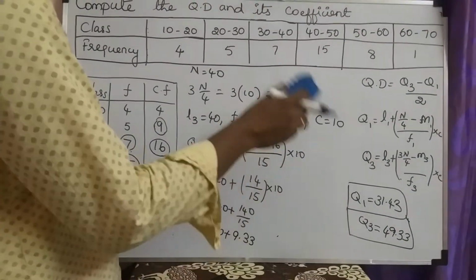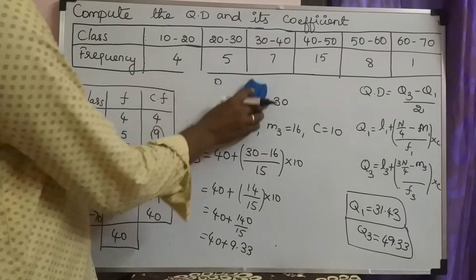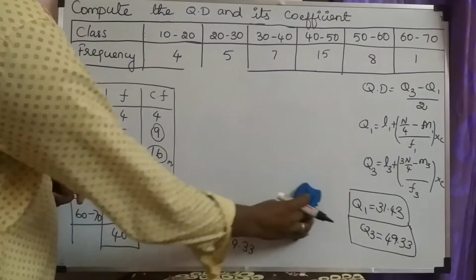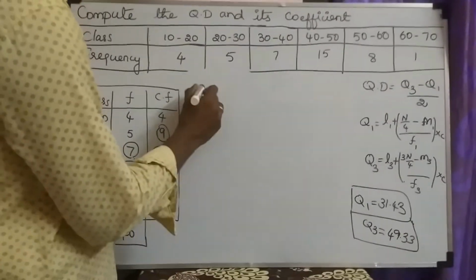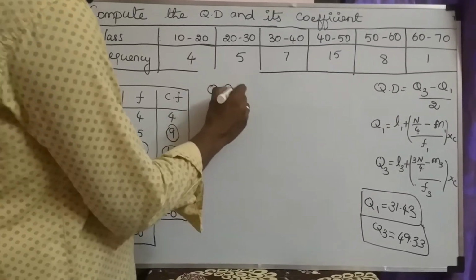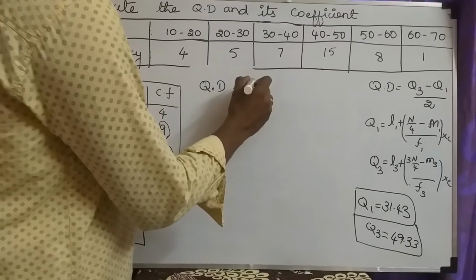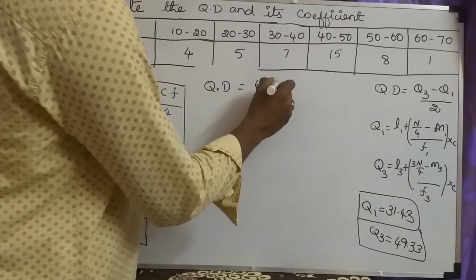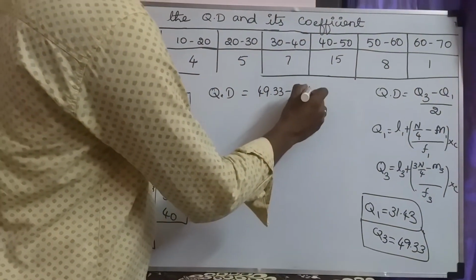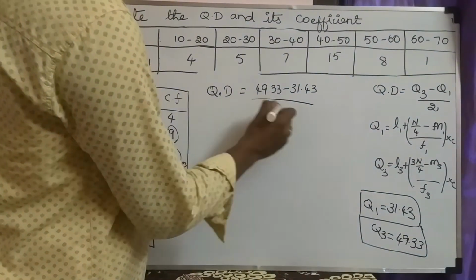Now apply the values in the QD formula. QD equals Q3 minus Q1 divided by 2. Q3 is 49.33 minus 31.43, divided by 2.